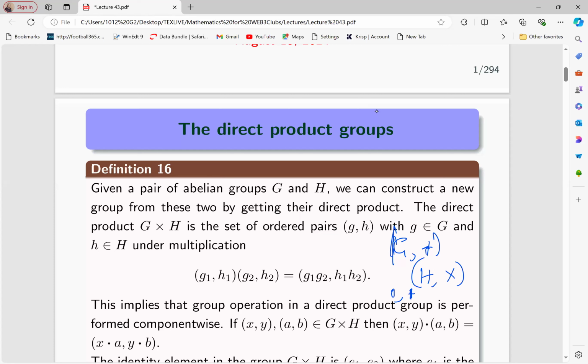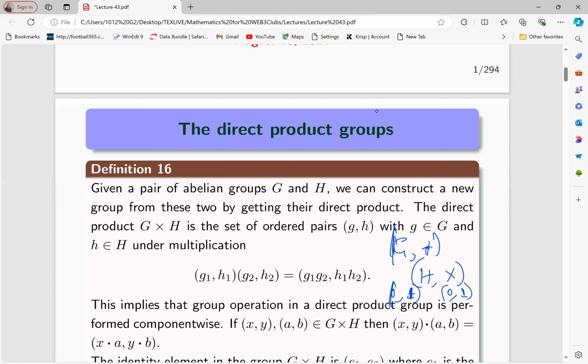And therefore, the identity element of the direct product group will be (0, 1), where 0 is the identity of the first group and 1 is the identity of the second group. So that is how we'll be getting the identity of the new group we are forming.